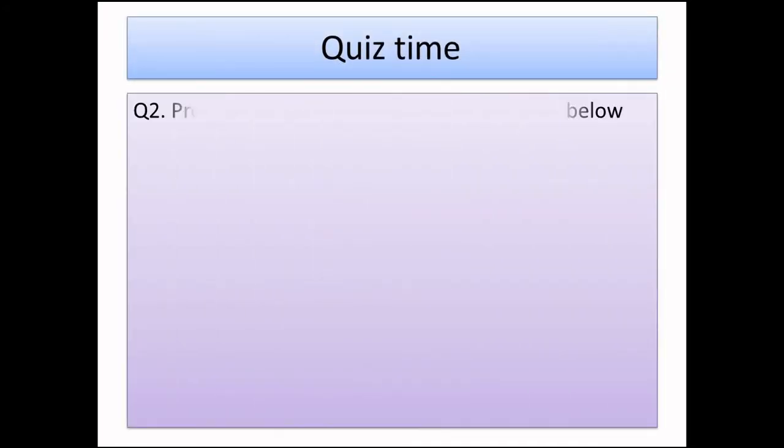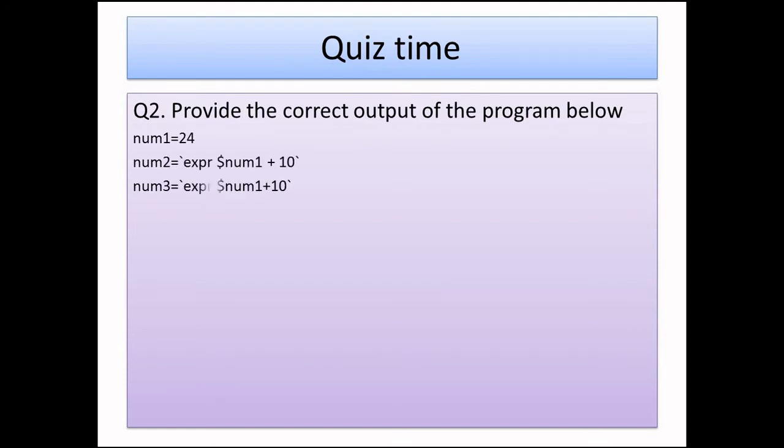Another quiz, regarding providing the correct output for the program. Here I have three variables, num1, num2 and num3. In num1 I am passing 24 as input. In num2 I am using an expression for mathematical calculation, and I am giving $num1 + 10. In num3 I am giving the same expression, $num1+10.